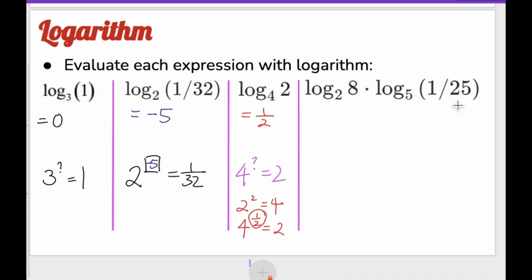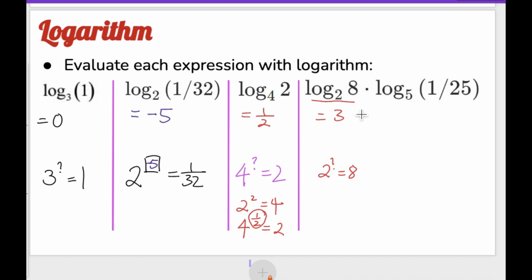Let's practice the last one, and we are done for this lesson. This one is asking us log base 2 of 8 times log base 5 of 1 over 25. To understand this one, we just need to figure out each answer, and then multiply these two answers. The first one, log base 2 of 8, means 2 to what power is 8, which is 3, because 2 times 2 times 2 is 8.